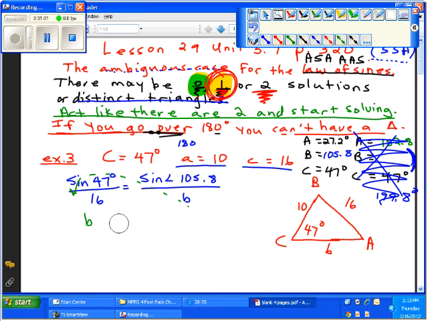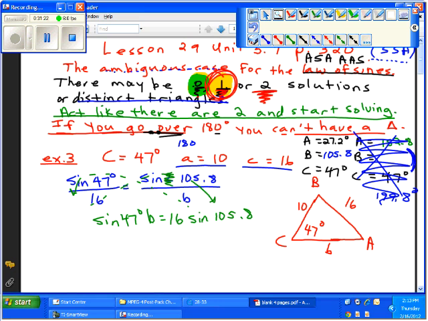I'm going to have sine 47 degrees b is equal to 16 sine 105.8 degrees. I shouldn't have put the angle sign in there.